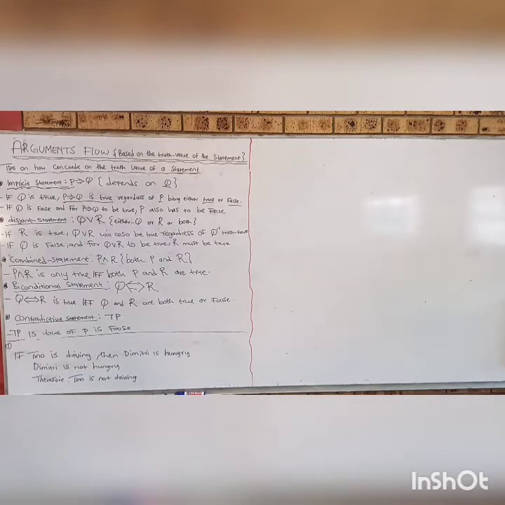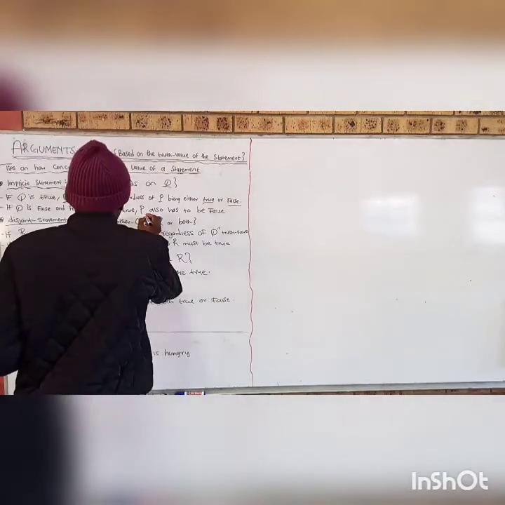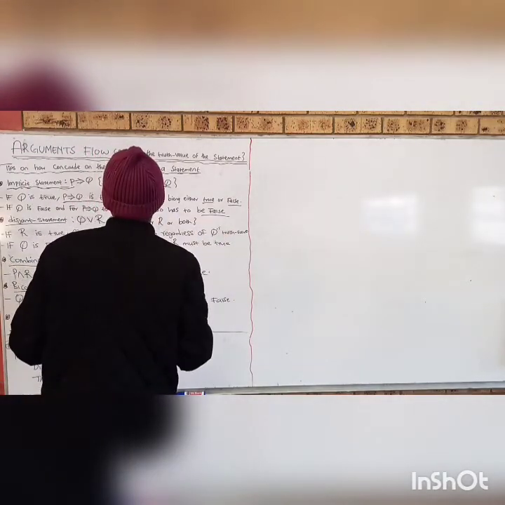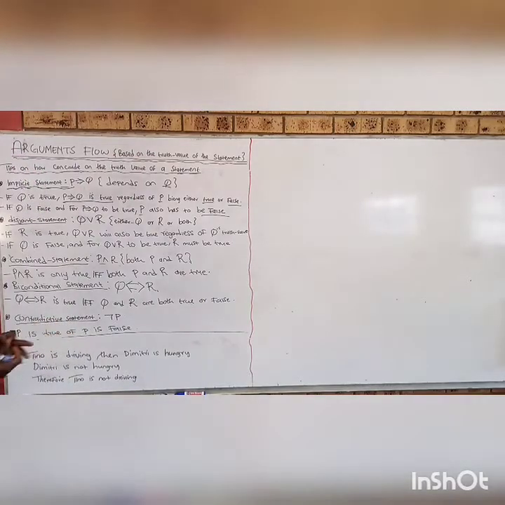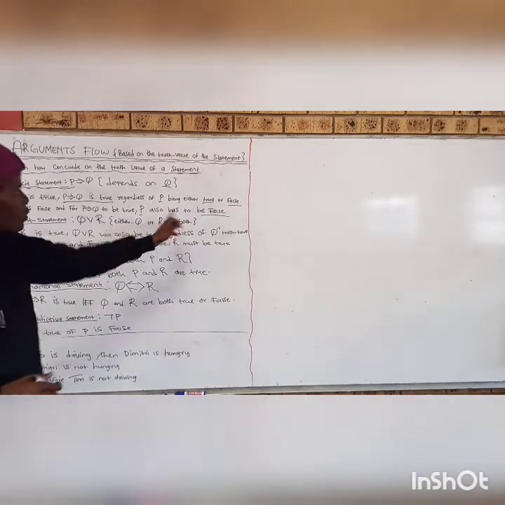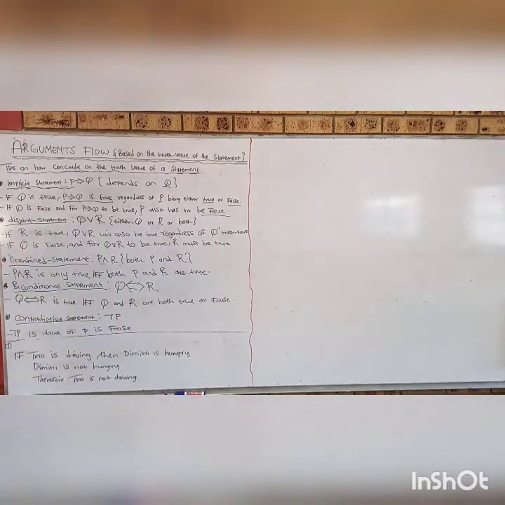Continuously, if Q is false, then for P imply Q to be true, P has to be false, because remember only false implies false, not true implies false, because a true cannot imply a false. So that's why P has to be false. Those are the conditions you have to know, which means we are done with the implicit statement.